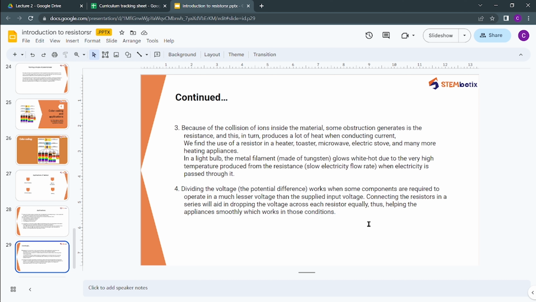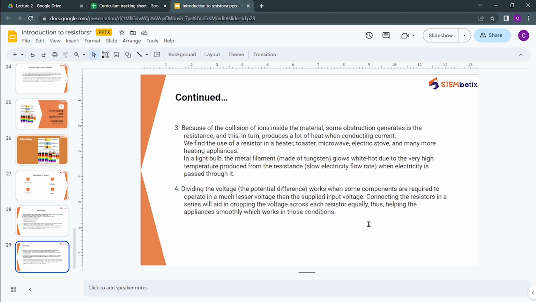Because of collisions of ions inside the material, some obstruction is generated, which is the resistance, and this in turn produces a lot of heat when conducting current. So we find the use of resistors in a heater, toaster, microwave, electric stove, and many more heating appliances. In a light bulb, the metal filament glows white hot due to the very high temperature produced from the resistance when electricity is passed through it.